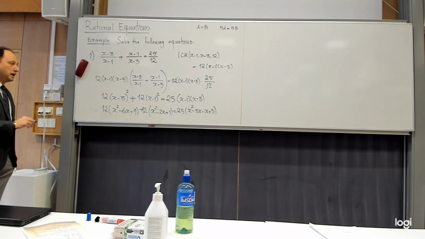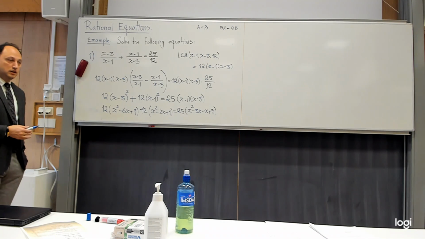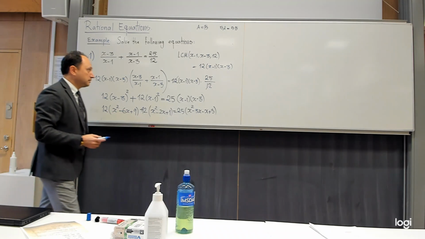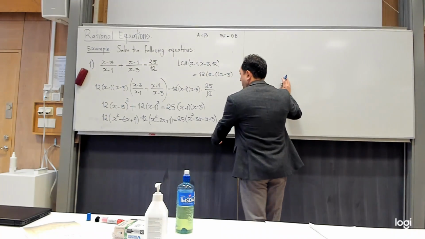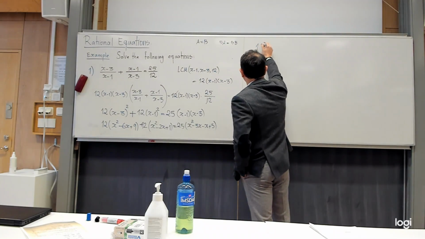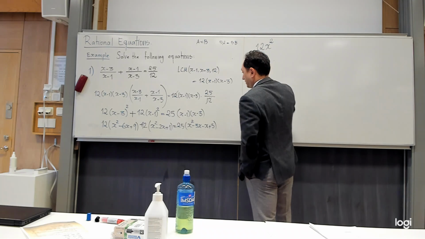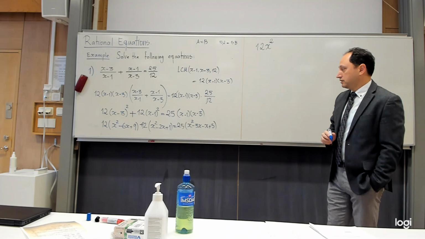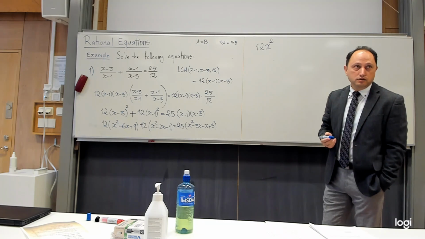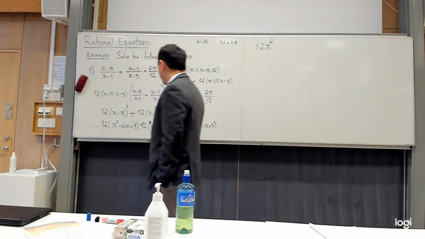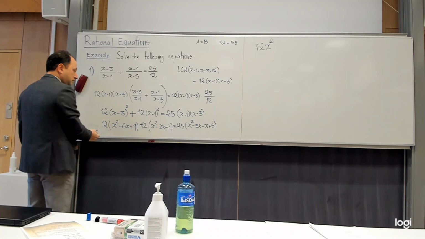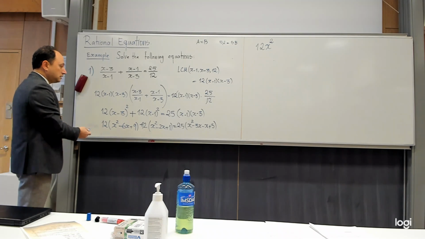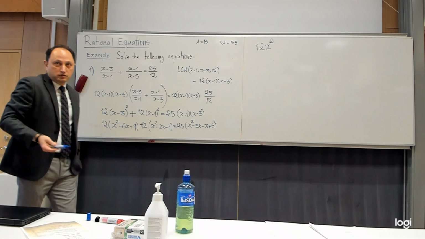Okay, so still I am in the process of simplification, yes? So what I have to do, I have to multiply these. So 12 times x squared is 12x squared. But can't you factor out 12? Factor out what? 12. Yeah, there is no point for that. Yes, you can factor out, of course, but then you have to multiply back again, so why should we do that?